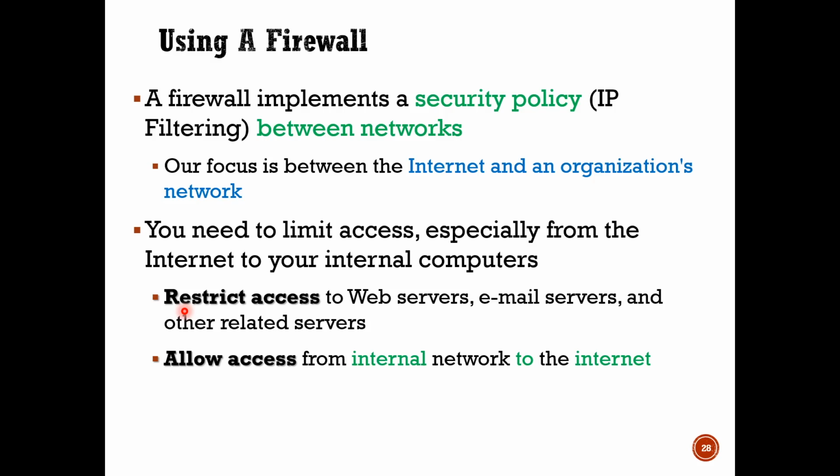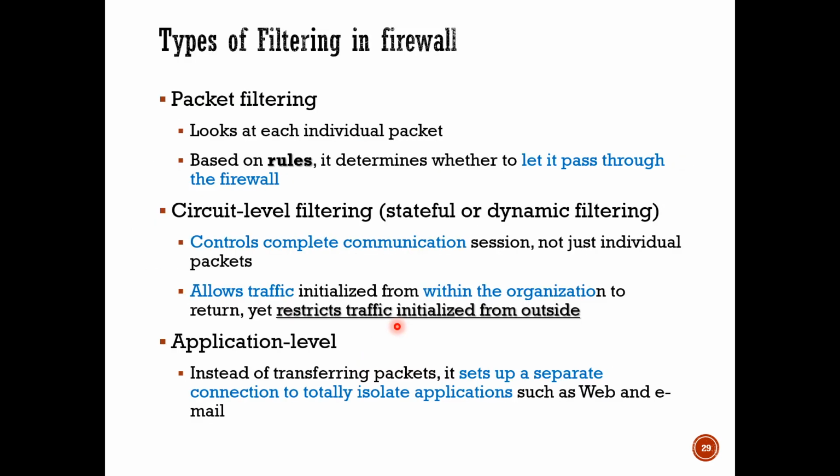So allowing in to out, but not allowing much of out into in. You need to limit access: it restricts access to the web servers, because these places are sensitive and not all users are allowed to access them, and it also allows internal users access to the internet.